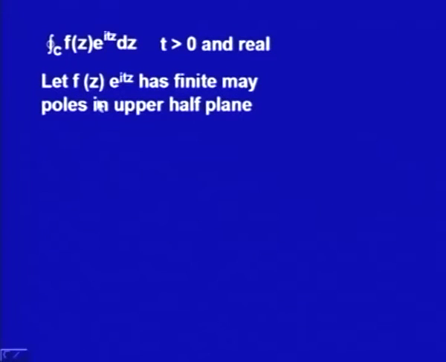The zeros of the polynomial q(z) are the poles of the function f(z) e to the power i t z, and so we go ahead with the residues at the poles in the upper half plane of f(z) e to the power i t z, and using that we use the Cauchy principal value.